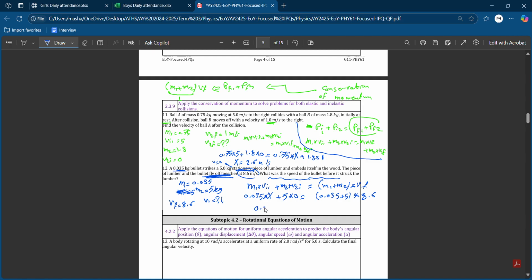So here 0.35 multiplied by x, which we need to find, equals 5.035 multiplied by 8.6. Do it in the calculator to get the speed, which is equal to 1237.2 meter per second. And that's it for this part.